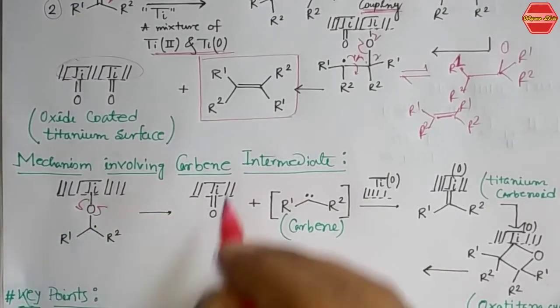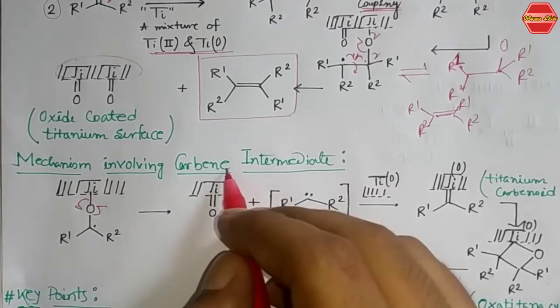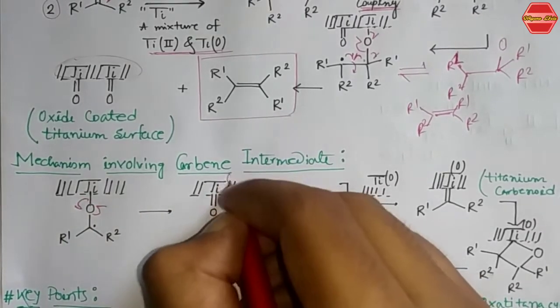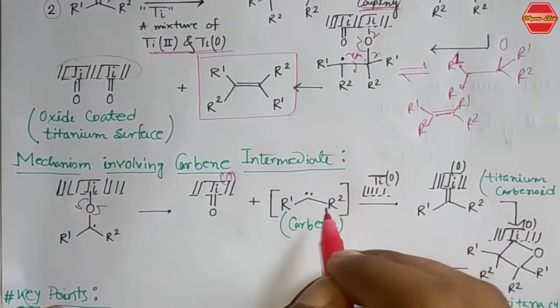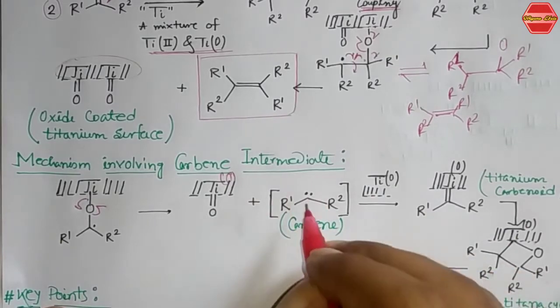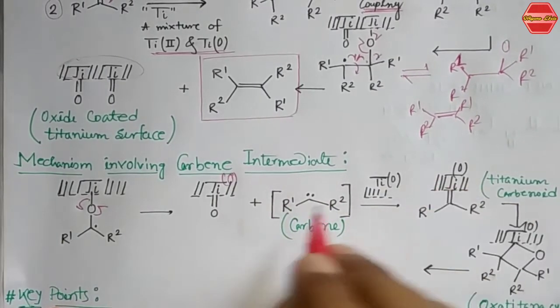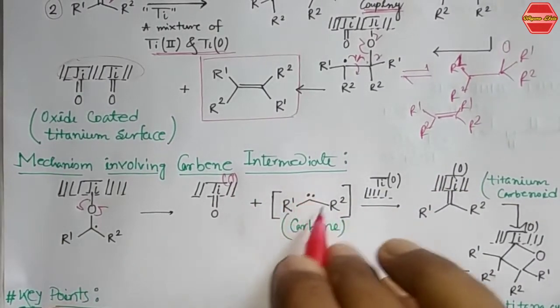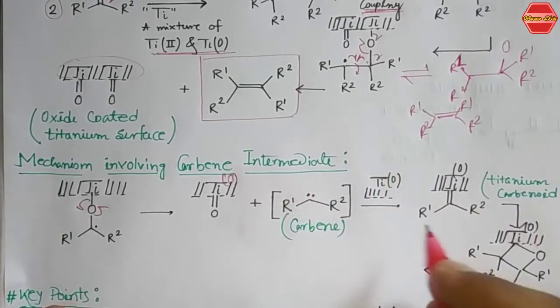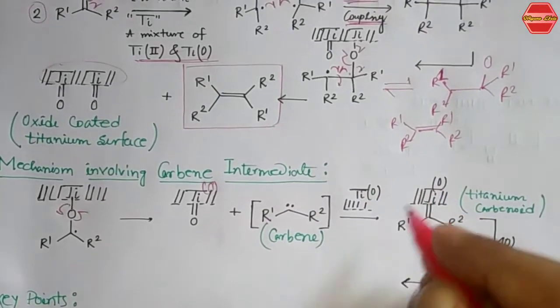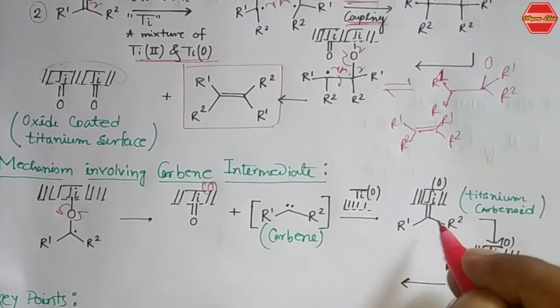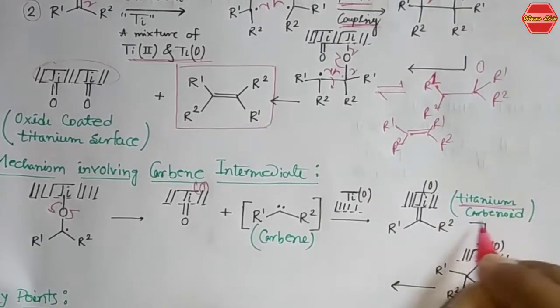So this titanium is bonded with this oxygen, that is Ti double bond O in zero oxidation state, and you are getting this carbene over here, that is CH2 carbene. Now this carbene can coordinate with this titanium surface. If it is coordinated with the titanium surface, that will be called a titanium carbenoid.